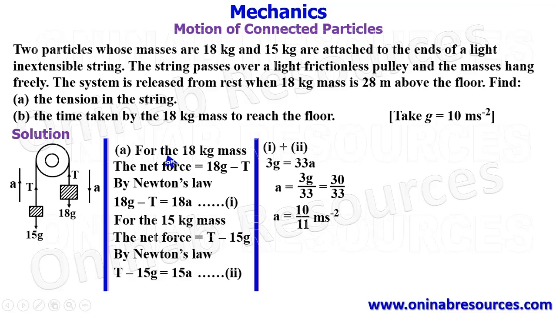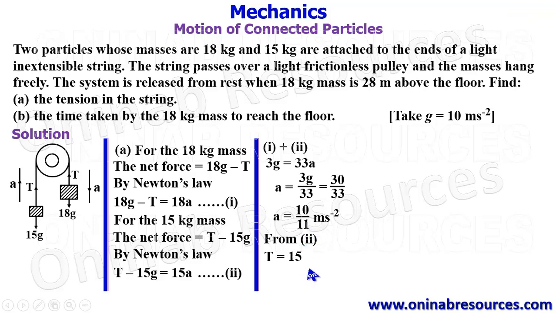We can then go ahead to find our tension. From equation 2, we can make T the subject of the formula, which is 15a plus 15g, and our a is 10 over 11.